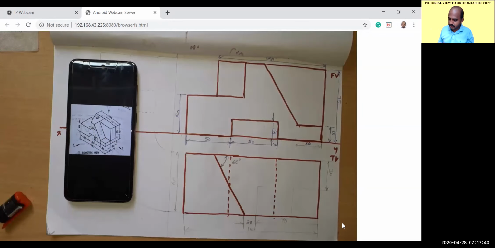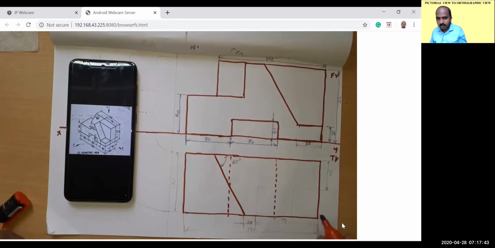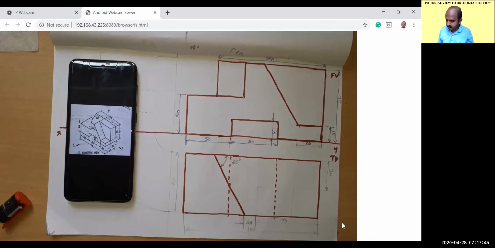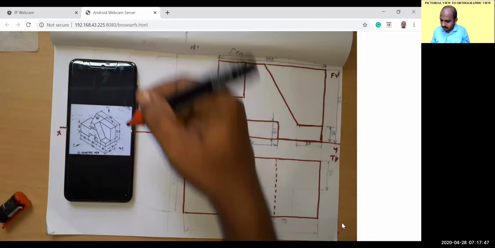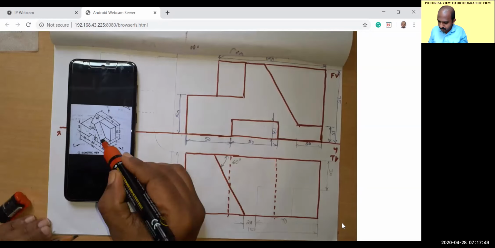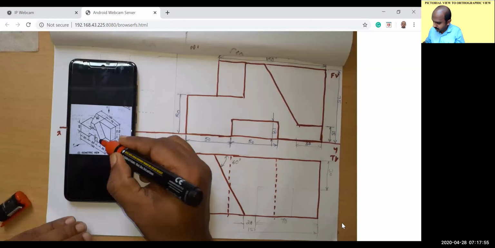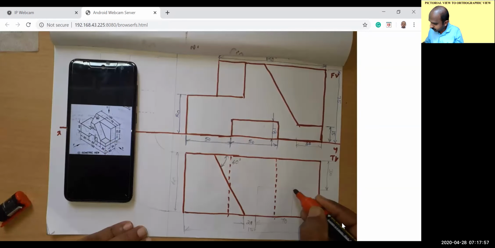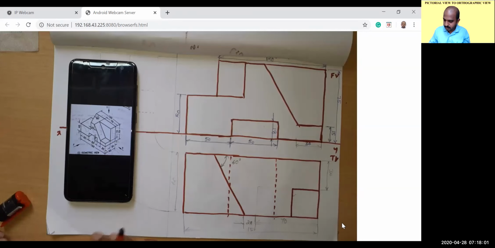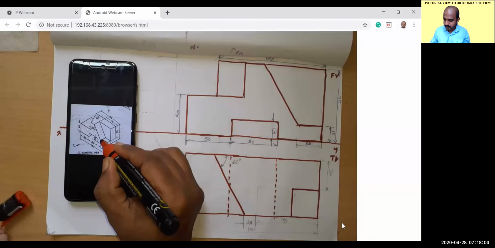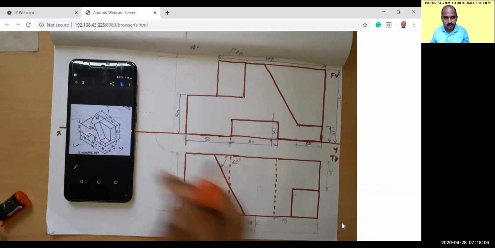Then what is next? We have two more projections. When you are looking from the top, one corresponds to this 30, 30 square face.